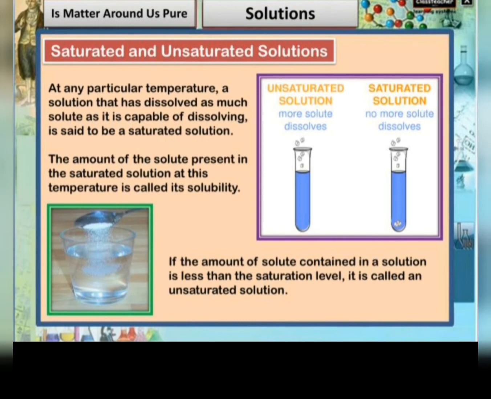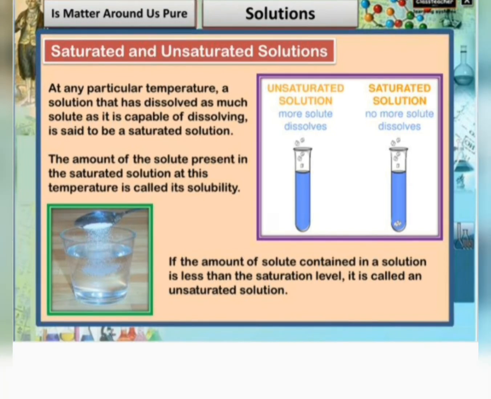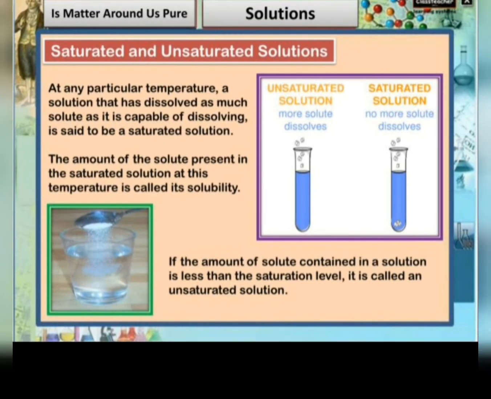So here at 20 degrees Celsius, it's containing the maximum amount of solute. So it's a saturated solution of sodium chloride at 20 degrees Celsius, and it contains 36 grams of salt in 100 grams of water, right?